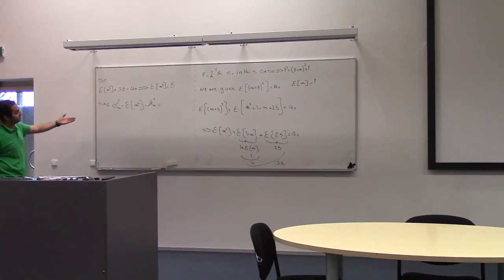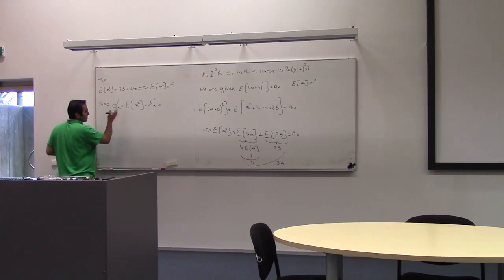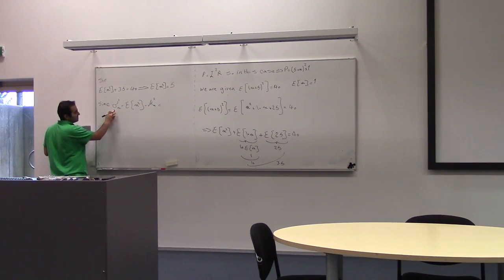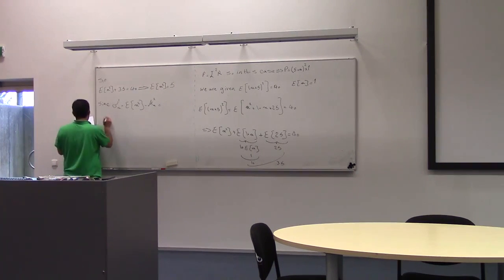We know this, I wrote it 5 or 6 sessions ago. We know that if we want to find the sigma of x, we have to write it in this form. Then we can write it here.